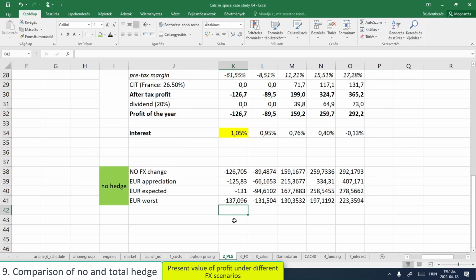This one, it would be also nice to convert everything to present value, because in this case we can make real comparisons, because option fees will be also calculated in present value, so that's why.